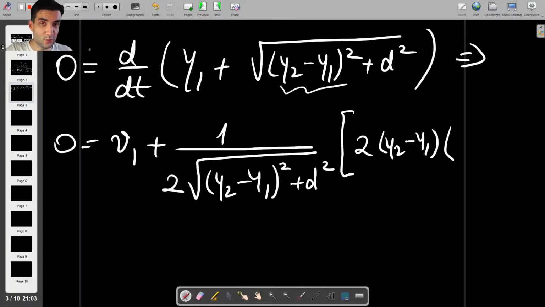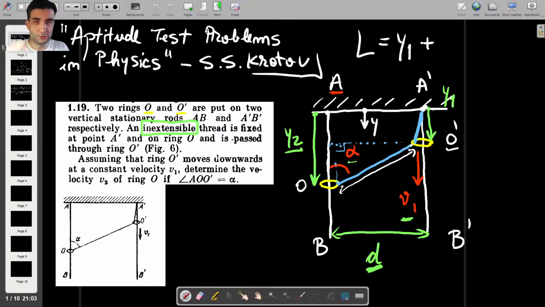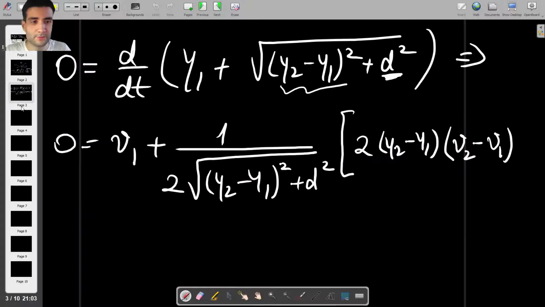If we differentiate y2, we get v2, right? Because y2 is the displacement of the second ring, and then we get minus v1, and that's it. Because if we differentiate d squared, we get 0 because d is a constant, right? d is the distance between the two rods, which is a constant. You differentiate the constant, you get 0, and that's it.